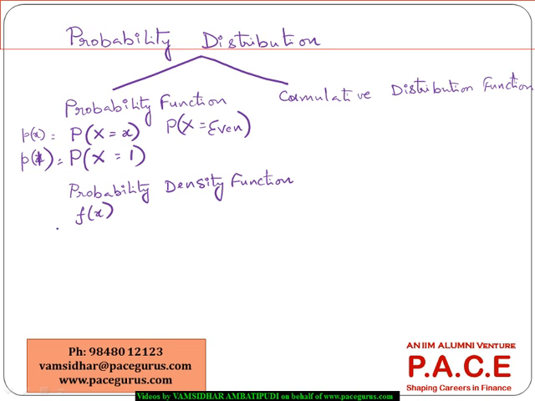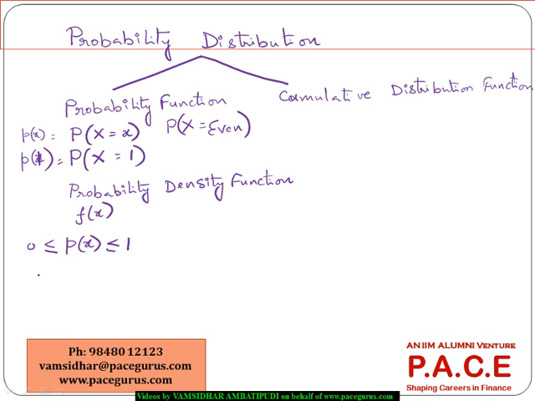A few important things relating to this p of x, especially in the discrete case. Just because it's a probability, p of x will lie between 0 and 1 inclusive. It cannot be less than 0, it cannot be greater than 1. So the value of the probability function at any particular point will lie only between 0 and 1.